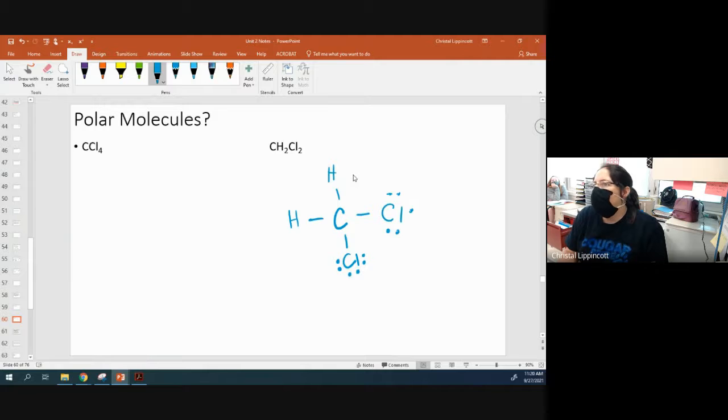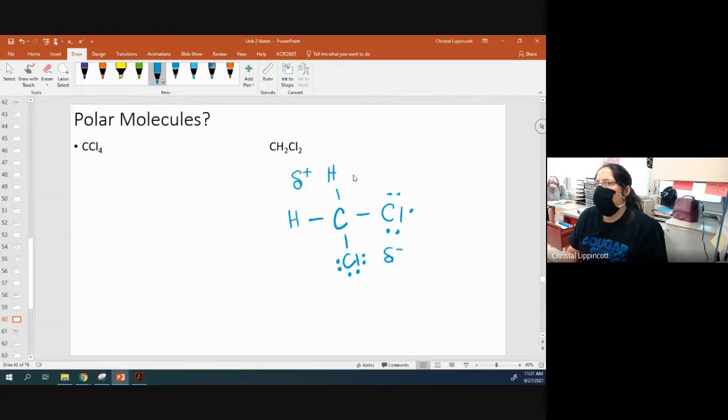But if I'm drawing this, I'm going to draw it like this, and I'm going to draw an arrow this way and I'm going to say that the positive end or the positive dipole is over here, and this would mean that I've got more negatives over here. Do you see how you have more negatives here? The other way to do it is, instead of the arrows, you can do the S with the squigglies.